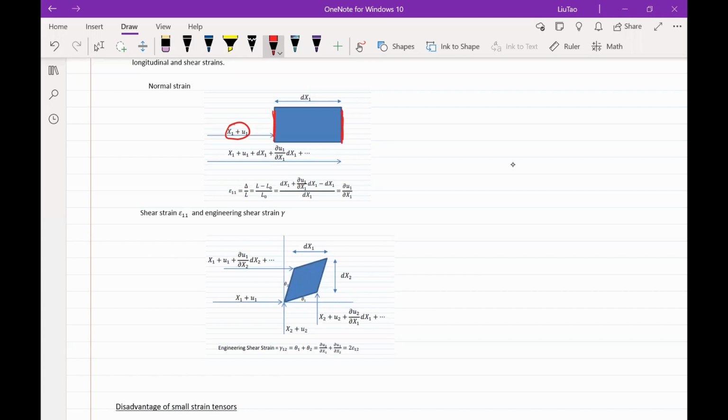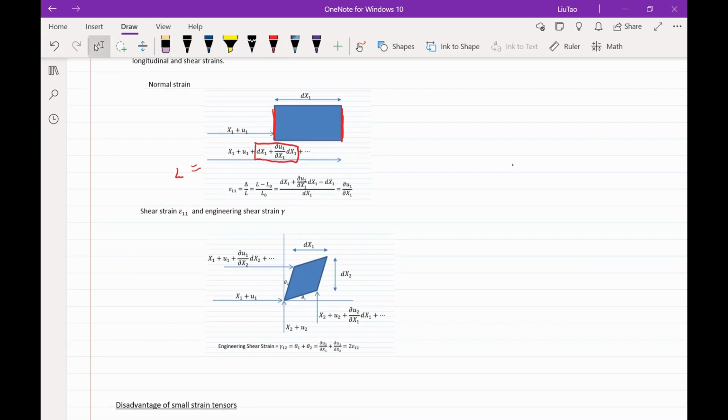And then the new length of this unit is equal to this part minus this part. So the new length is equal to dx1 plus partial u1 with respect to x1 times dx1.